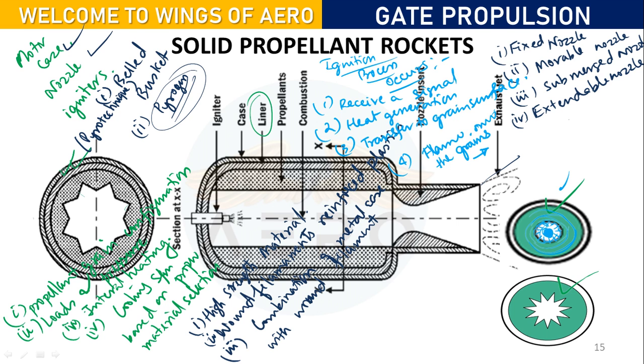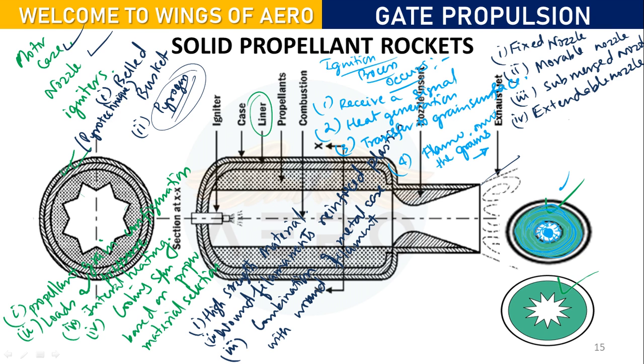There is no mechanism to stop it. Once one surface gets heated up, the next surface automatically burns, like the process you can see in an agarbatti. So there is no process by which we can stop it.